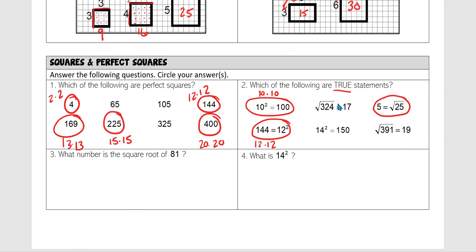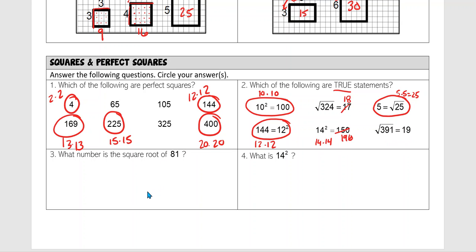The square root of 324 is actually equal to 18, not 17. 14 squared is 14 times 14, and that is not 150, that's actually 196. Square root of 25 is 5, because 5 times 5 equals 25, so that one is correct. And the square root of 391 is not 19. 391 is not a perfect square, so that's going to be a decimal, 19 point something, but not exactly equal to 19.